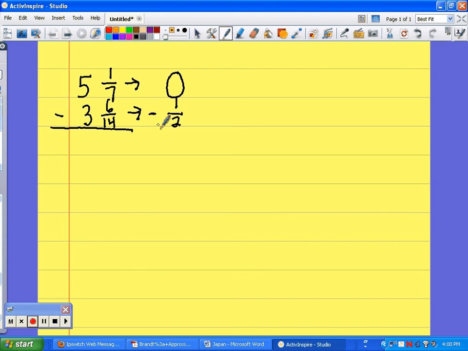In subtraction, now we can't subtract 1/2 from 0, so we're going to borrow from the whole number, and we're going to take the 1 and we're going to add it to the 0, so it'll be plus 1, which is 1 minus 1/2 equals 1/2, and then 4 minus 3 is 1. So the estimate of 5 1/7 minus 3 6/14 is approximately 1 1/2.